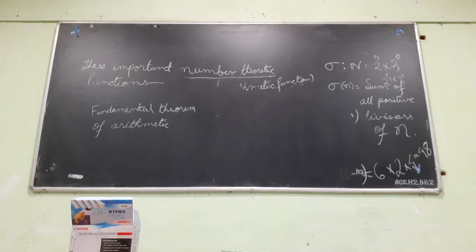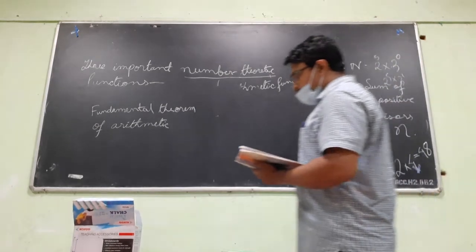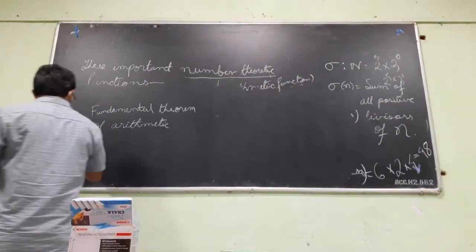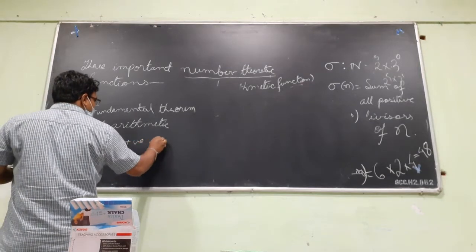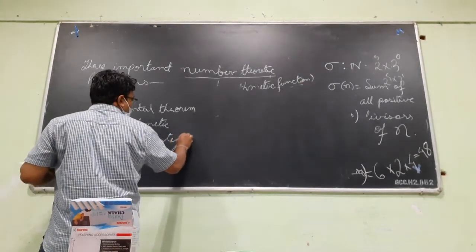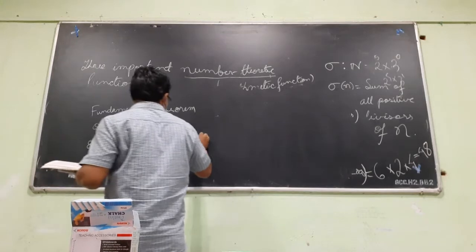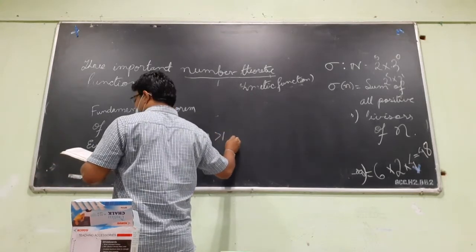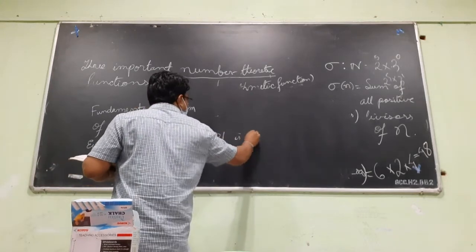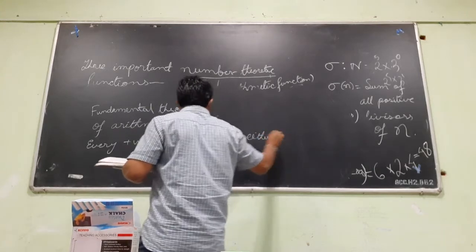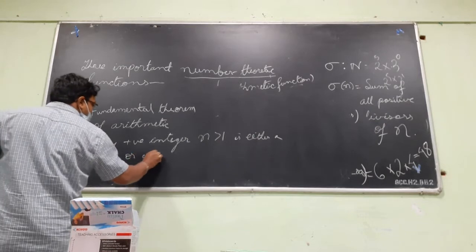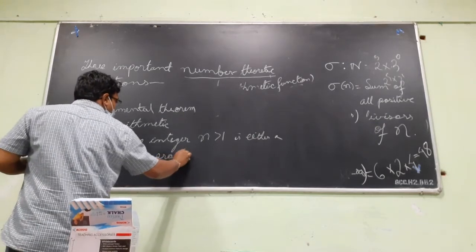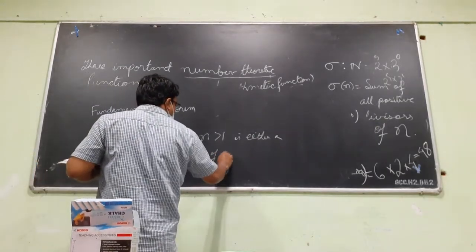So this was the theorem. Every positive integer n greater than 1 is either a prime or a product of primes. Obviously 1 is not a product of primes.